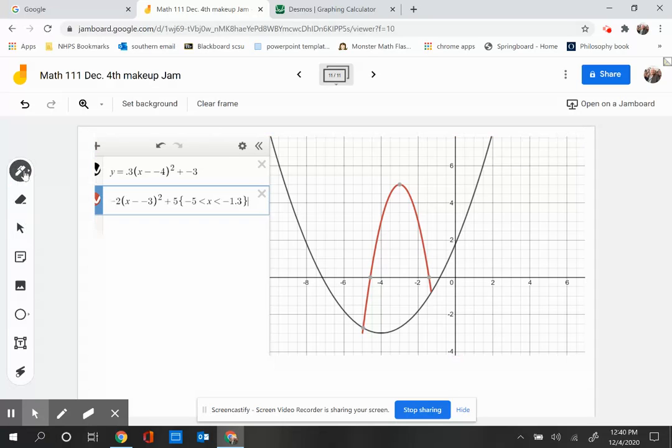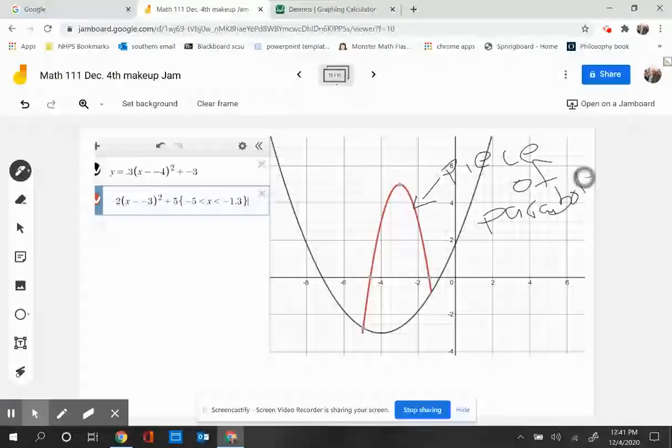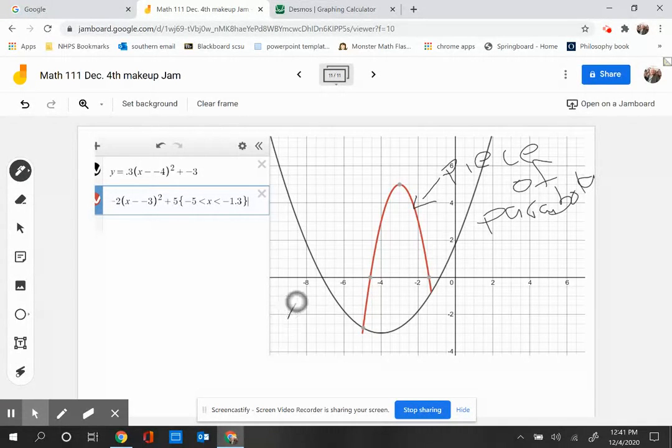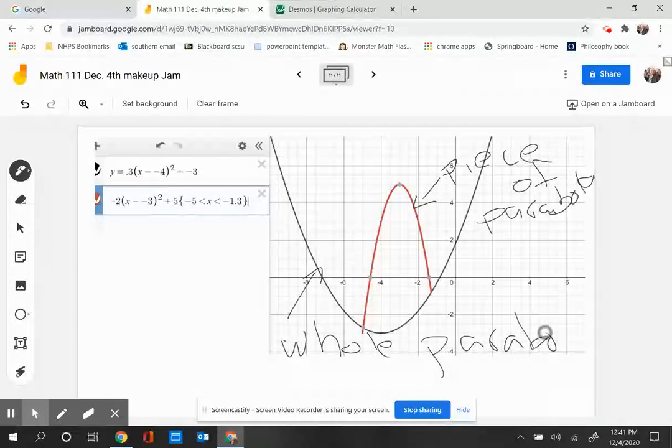So this one right here, oh, it does let me, is a piece of a parabola. And this one here is the whole parabola. Now, it wouldn't be any fun if I didn't teach you how to shade. So that's what we are going to do next.